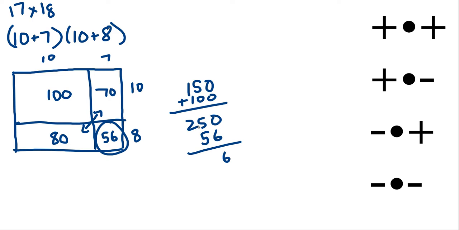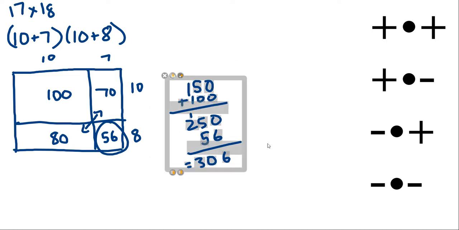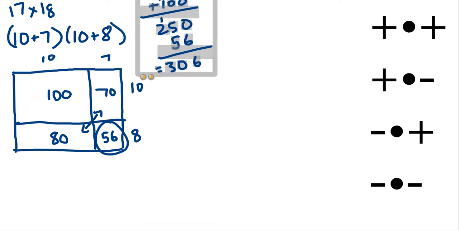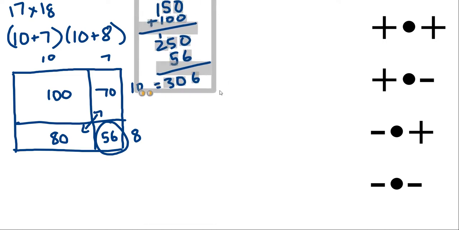So we know this adds up to 306. So we know that 17 times 18 is 306. You can double check this with a calculator. I'm just going to move this chunk of stuff up a little bit. Okay, so we know that 17 times 18 is 306. That's consistent. All right. Now I'm just going to do some erasing.